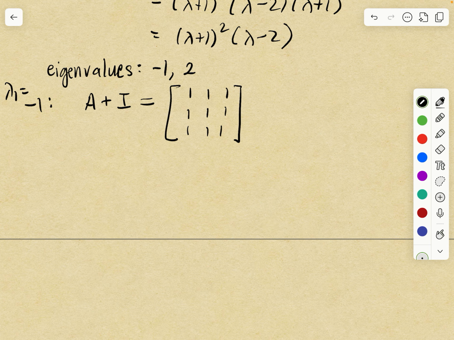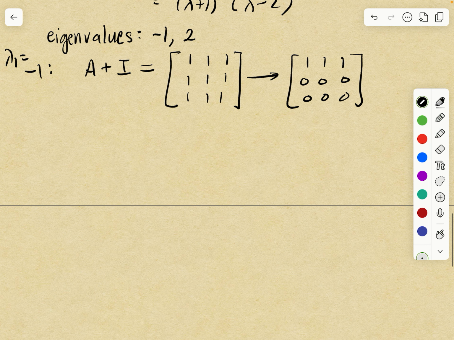But if you're a beginner and just getting used to this, it might be a good idea to write a column of zeros and work with the augmented matrix. But I'm just going to work with the coefficient matrix. This is going to row reduce to 1, 1, 1, 0, 0, 0, 0, 0, 0. So this is my coefficient matrix in reduced row echelon form.